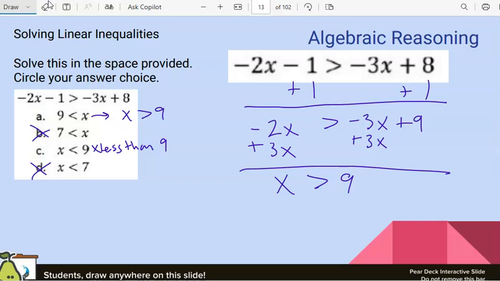If you were to change it to the answer choice, we can subtract the x, subtract the 9, and then divide by negative 1 to get rid of that negative sign. We flip the sign because we divide by a negative, and so you would get answer choice A.